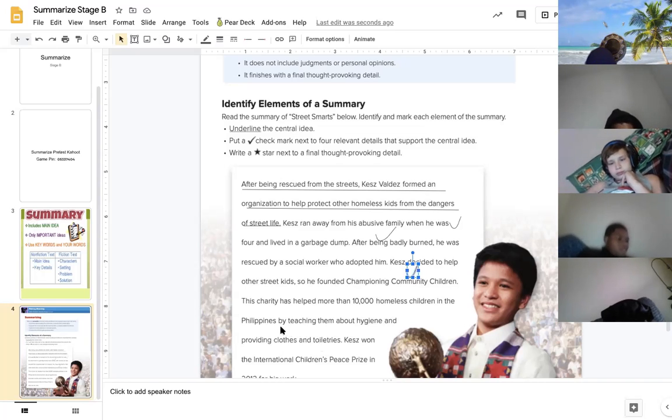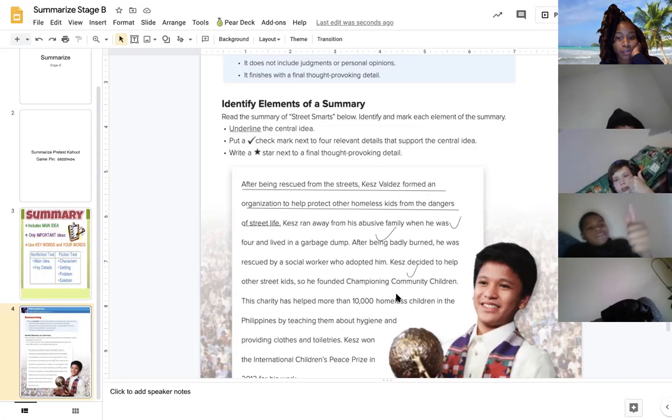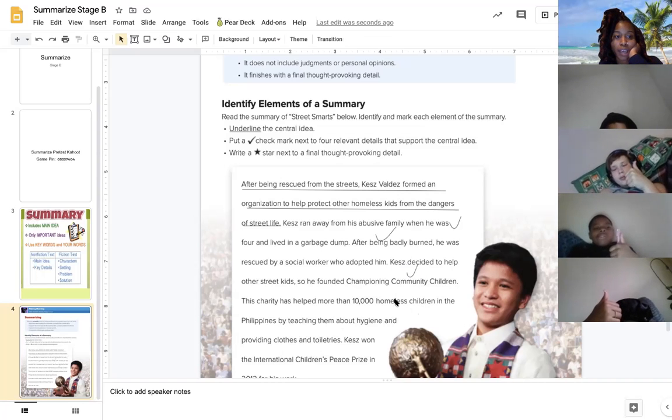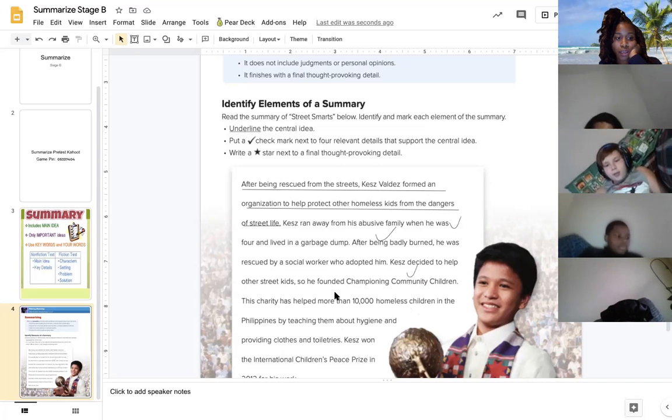Is this an important detail? Why is this important, Aiden? It's important because it helped more than 10,000 homeless children, and they're providing clothes and toiletries. Why is this detail important though? Why do we need to put a check mark?